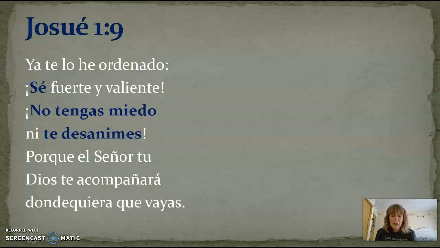Why? How is it that we cannot have fear and be discouraged and not be discouraged? And then he finishes it. Porque el Señor tu Dios te acompañará donde quiera que vayas. Because the Lord, your God, will accompany you, will be with you, will go with you, donde quiera, wherever you may go, whatever he calls you to.